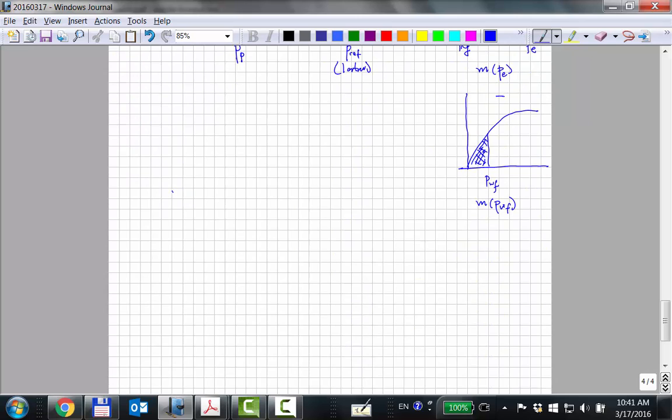So the 2 integral from PWF to PE of P over mu z dP is equal to 2 integral from P ref to PE of P over mu z dP minus 2 integral from P ref to PWF of P over mu z dP, like that. They call this something, and anyway, it's the same thing.